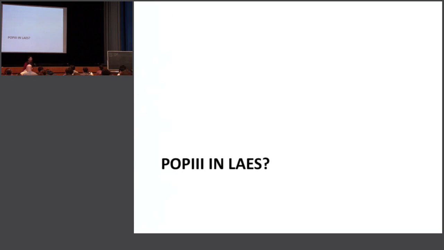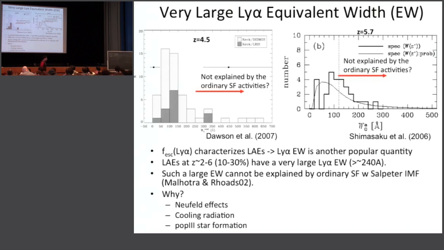Okay, the last topic, the Population III topic, I think many of you are interested in. Lyman-alpha emitters are famous for Population III because they show extremely high Lyman-alpha emission lines, with equivalent width greater than 240 angstrom.